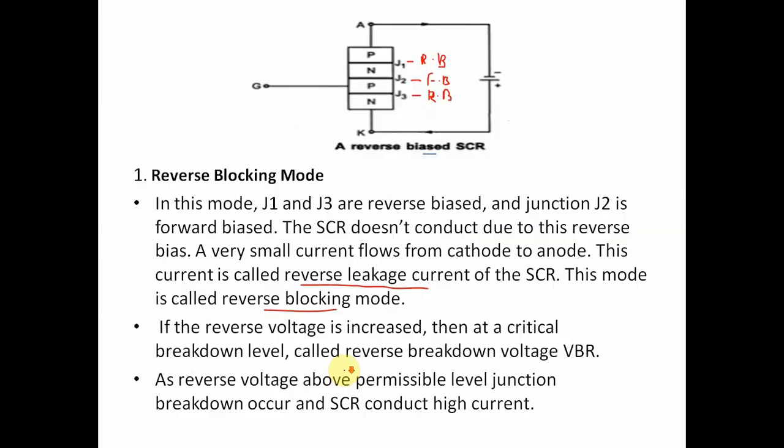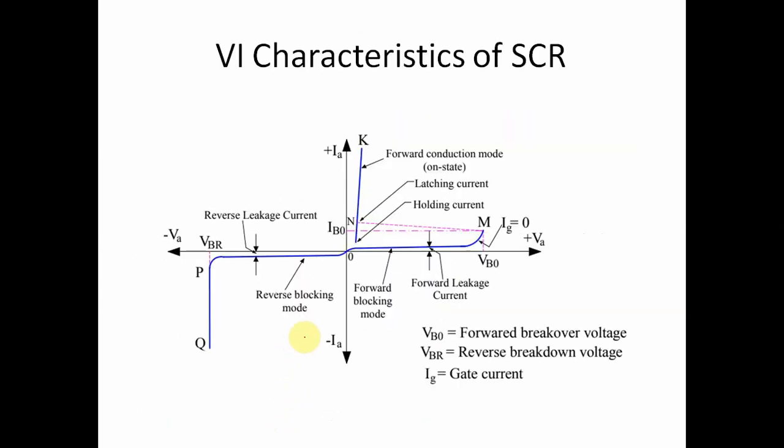See here, if the reverse voltage is increased to a critical breakdown level, called the reverse breakdown voltage VBR, the SCR conducts a very high current.